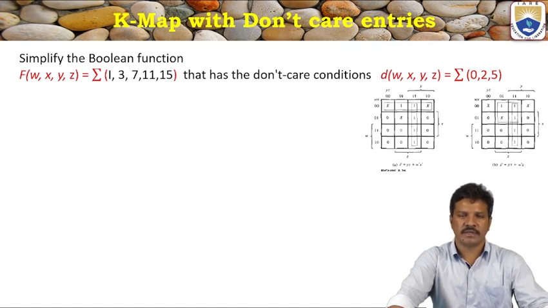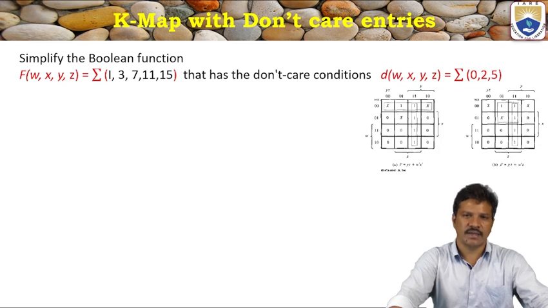Whenever such unspecified minterms are there in the given Boolean function, those are considered as don't cares. So while simplifying, we can consider those minterms which are not mentioned in the Boolean function as don't cares.